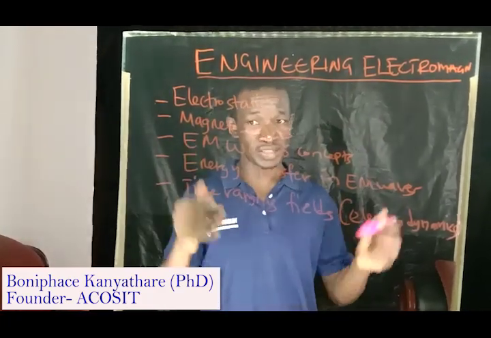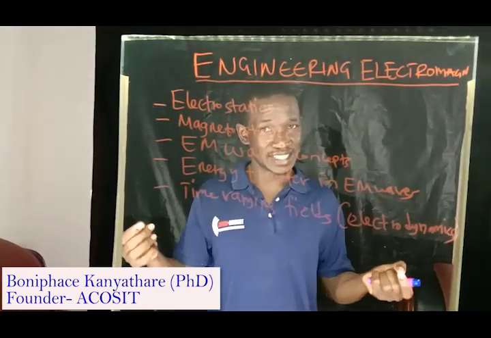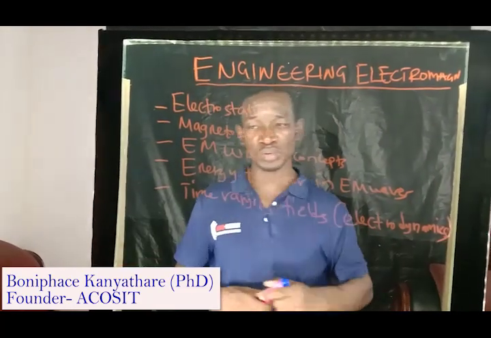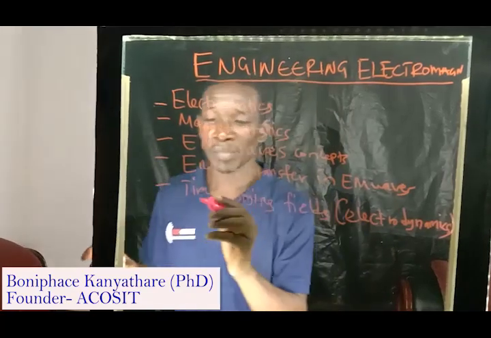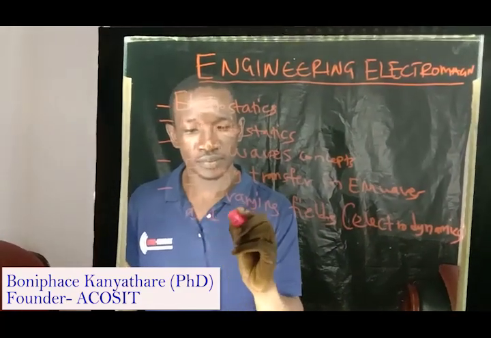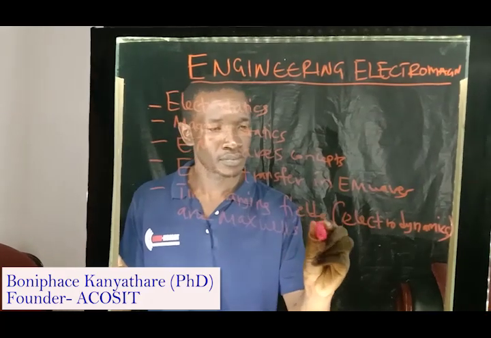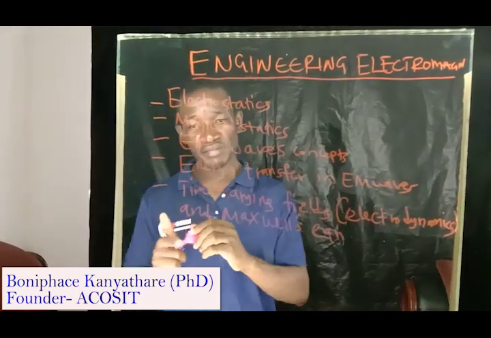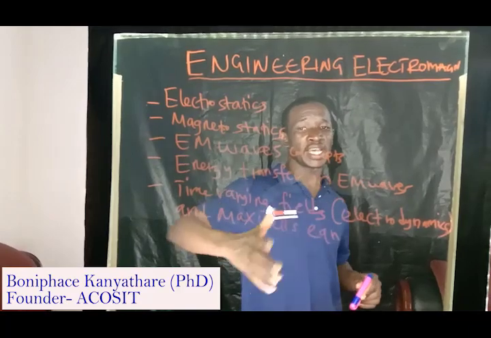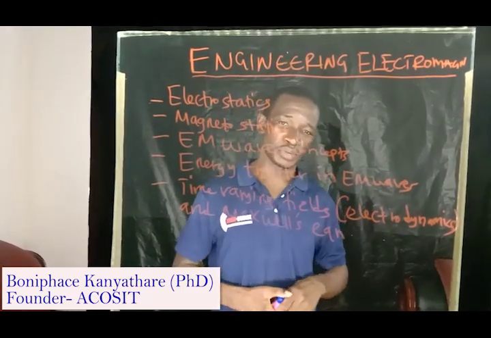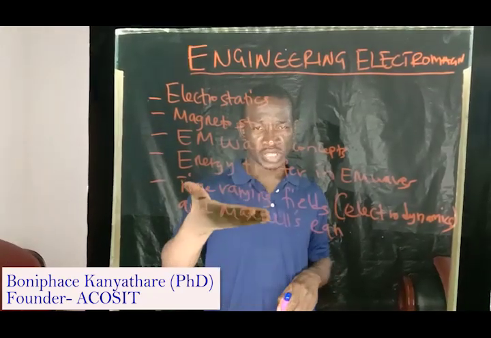Electrostatics is charges at rest. Electrodynamics is charges that are dynamic, which means they are in motion. So we're going to look at time varying fields and Maxwell's equations, and actually we're going to use the time varying fields to derive Maxwell's equations.